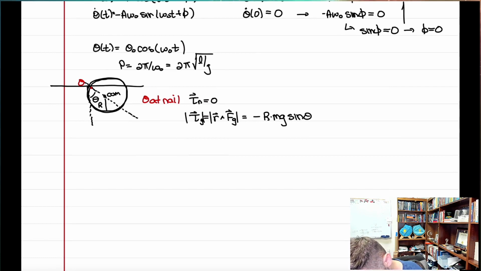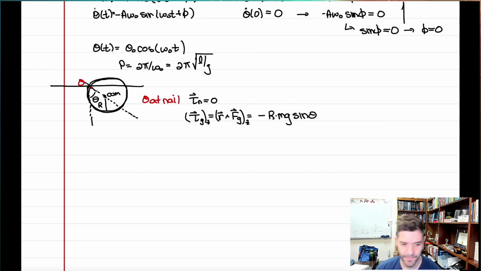Really, I could say, rather than thinking of it this way, I can think of this in terms of there's only one component of the torque, since the torque only points into the page, so I could call that the z direction, where x and y are in the plane of the page. So in the z direction, the torque points into the page, hence the negative sign.